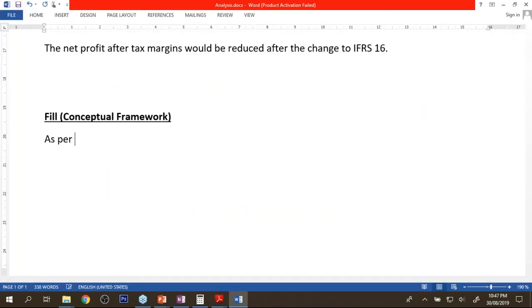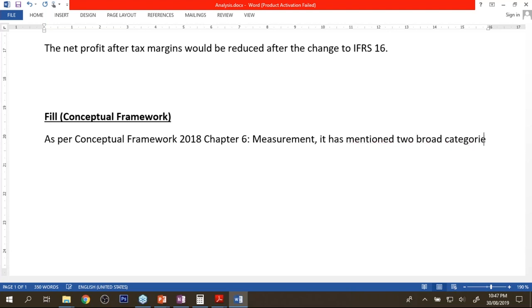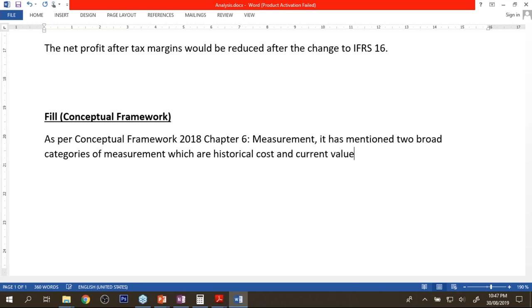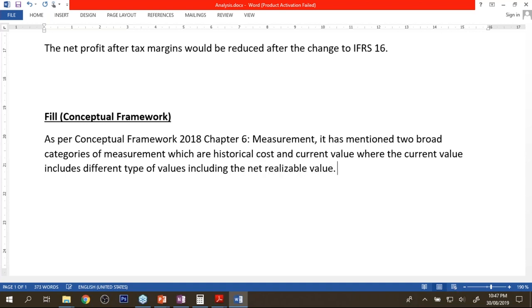So we can say that as per the conceptual framework 2018 chapter 6 measurement, it has mentioned two broad categories of measurement, which are historical cost and current value, where the current value includes different types of valuations or values, including the net realizable value.